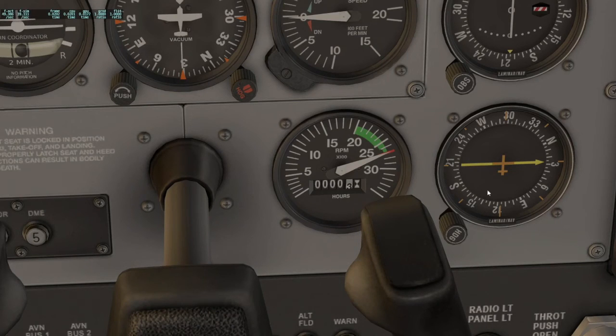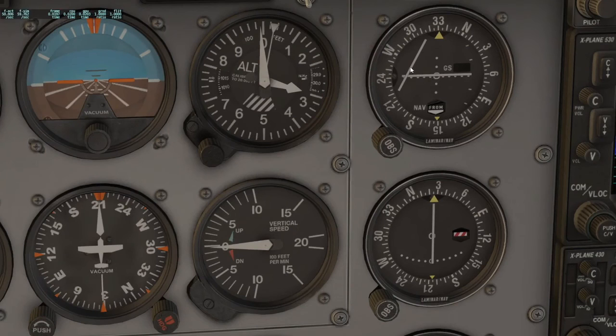So once I go on the 330 radial, I need to turn 45 degrees this way to intercept the radial that I've been instructed to intercept by ATC, and go south, I'm sorry, and go in that direction inbound in order to follow the ATC instructions. So I'm going to turn to 160 once this needle comes to the center.